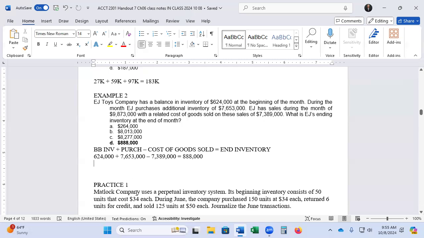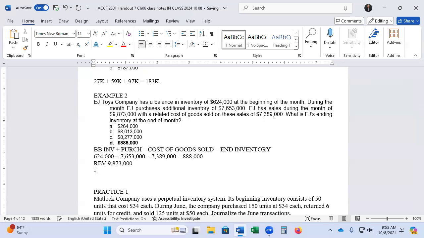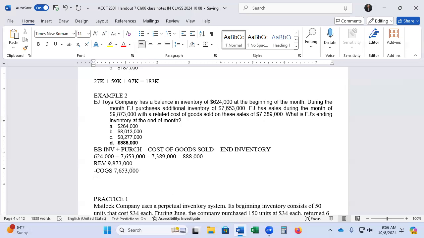So if we were to do kind of just a little mini income statement here, right? Revenue would be 9,873,000 minus your cost of goods sold, 7,653,000. Oh, this way. And that would equal what? Oh, you gave me the number.